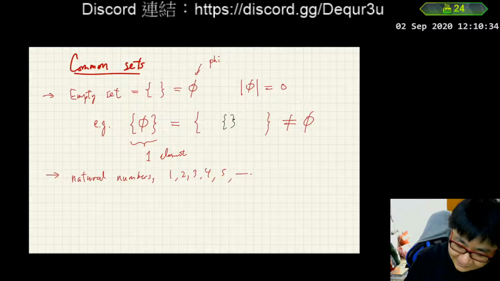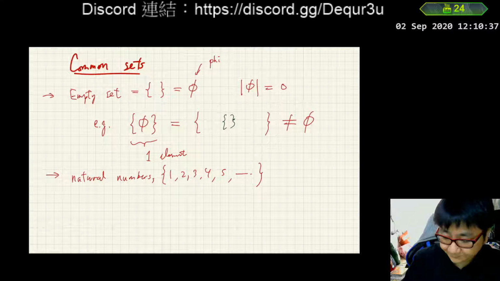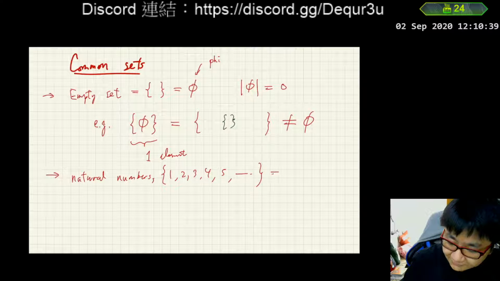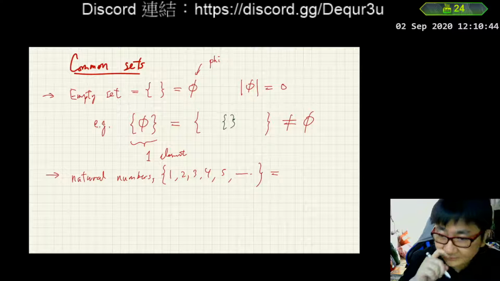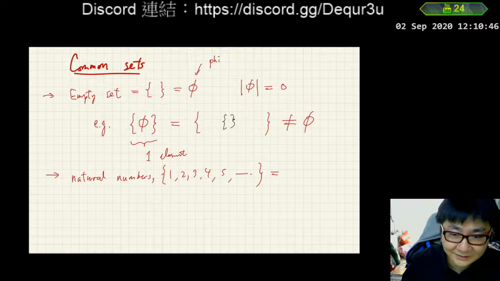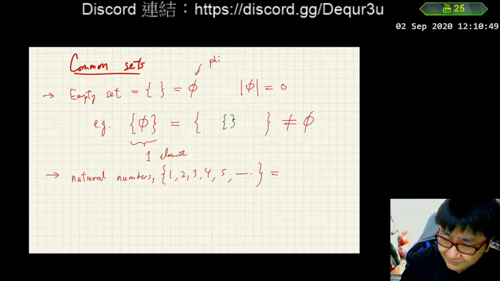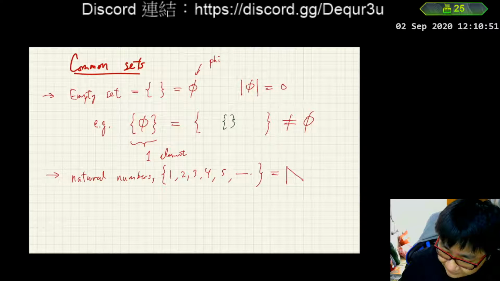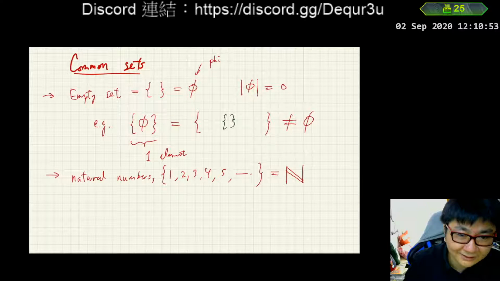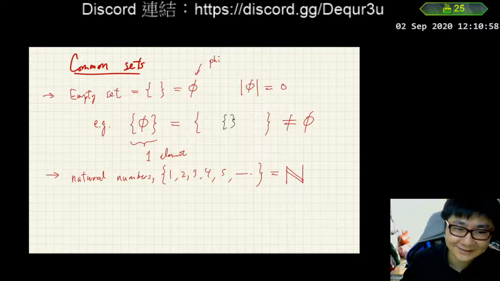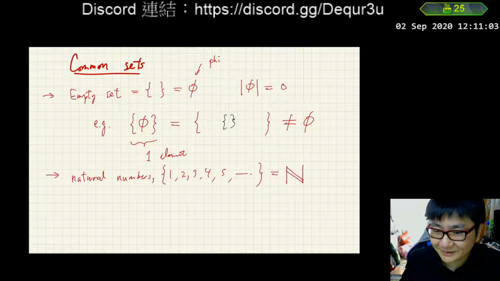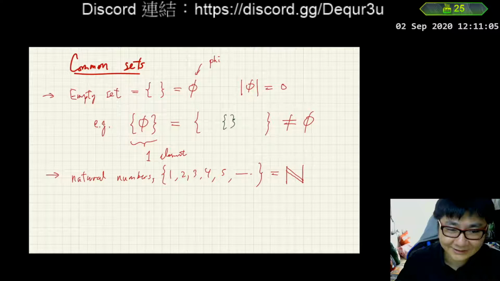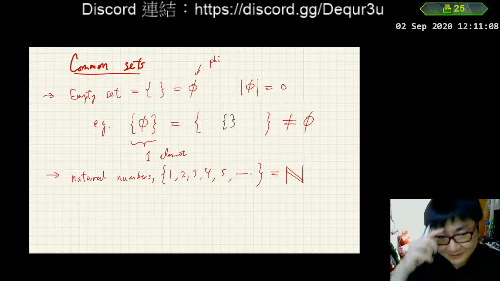And what about a set that contains them all? We give it a special name because it is a very commonly used thing. We write it as the natural number set, like a capital letter N. It is worth trying to write this symbol by yourself, as practice.